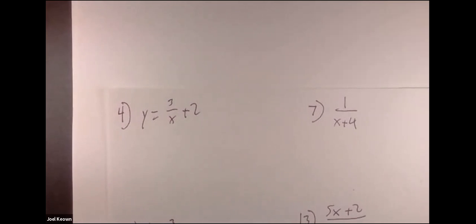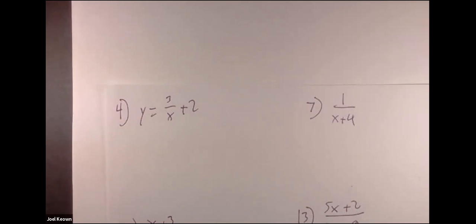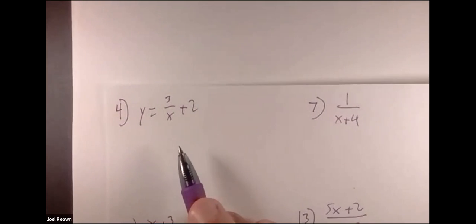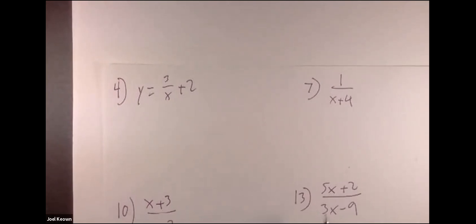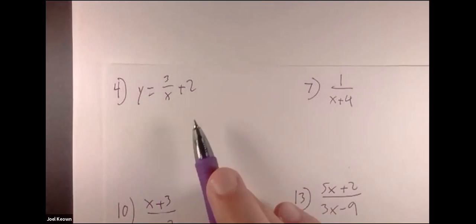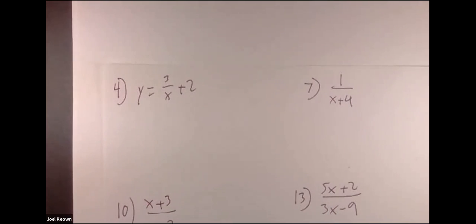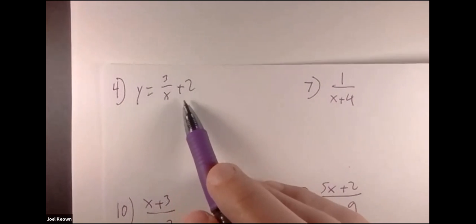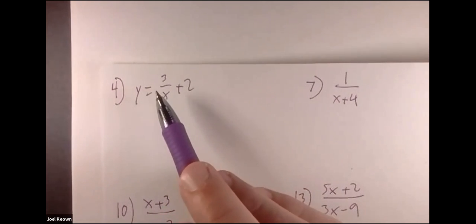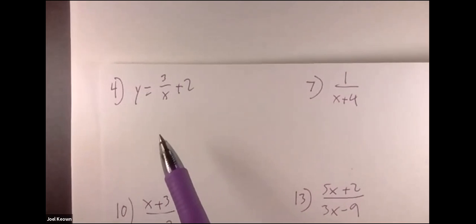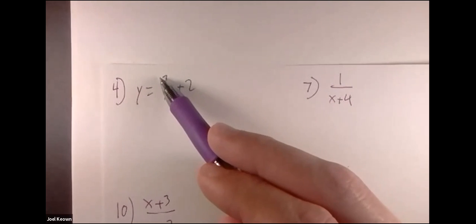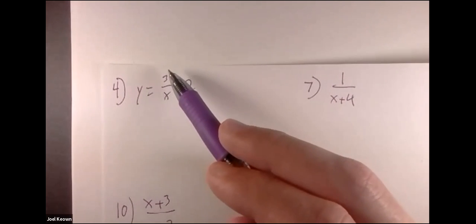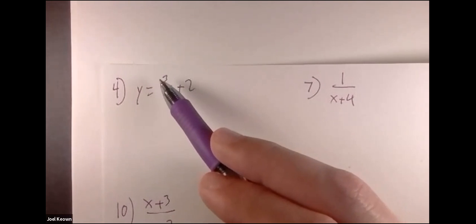See the problems right there. So let's look at number 4. Number 4 is in a different form than the other 2. We actually like this form better. It makes it a lot easier. Right? This is called transformational form because it shows me my transformations. This number on top is my vertical stretch or compress.